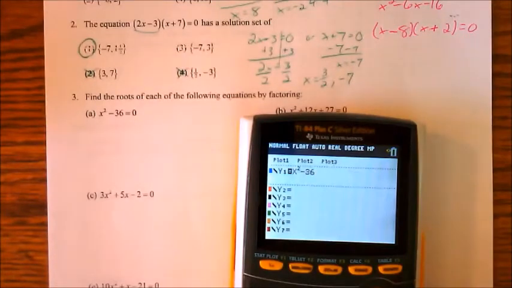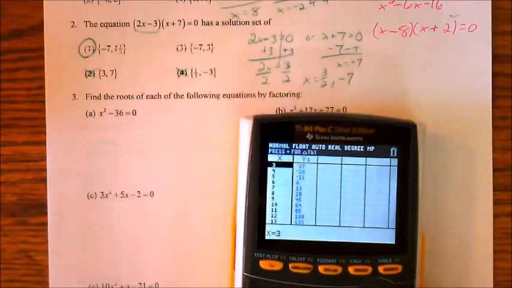So we've got x equals 6. And I think we'd have to go all the way down here. Yep, and negative 6. So you're looking for where the y values are 0, and then these corresponding x values. A lot easier to do on a calculator, but it does say to factor.